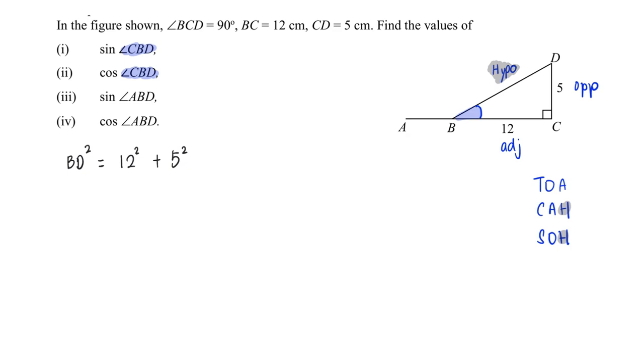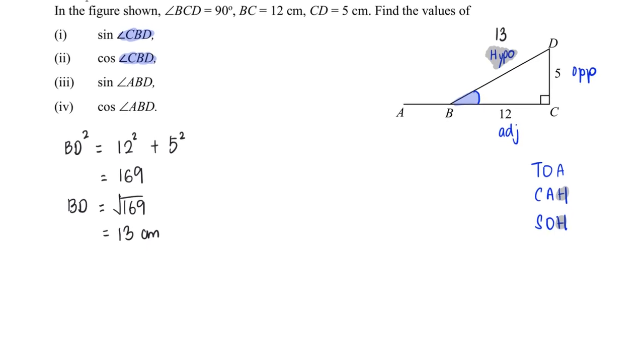This will be equal to 169. So my BD is simply the square root of 169, which is 13. So now I know this is 13, I could do part 1 and part 2 fairly easily.